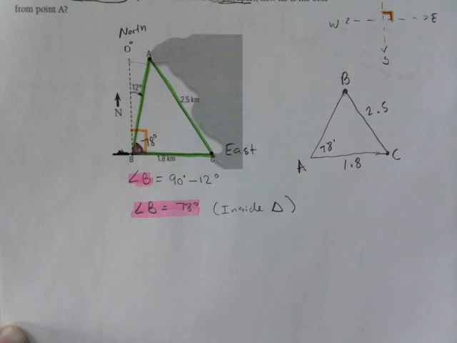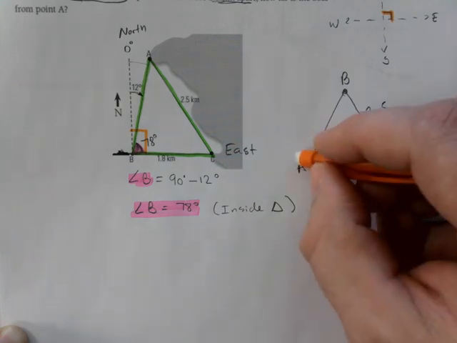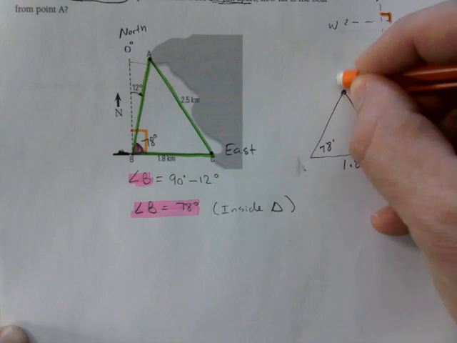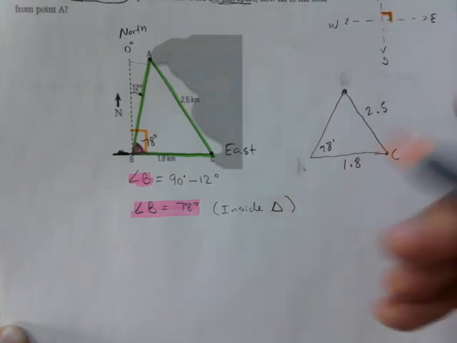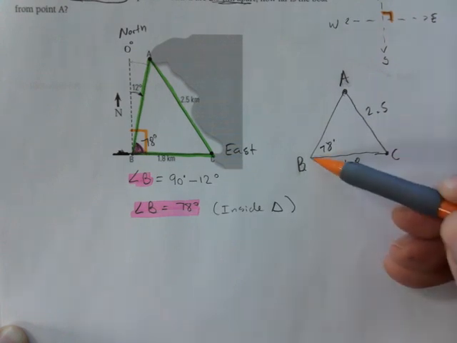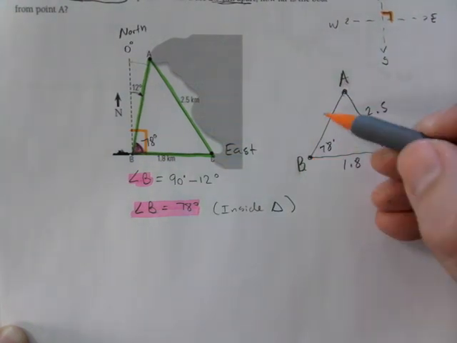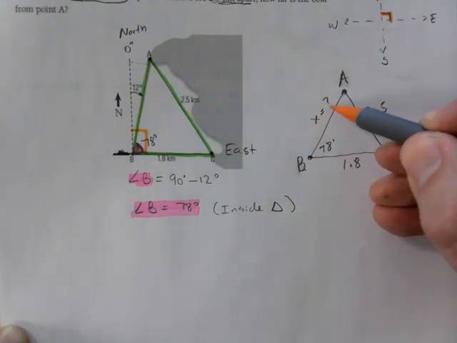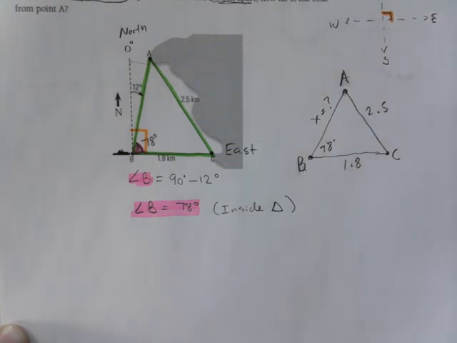What are they asking me for? How far is the boat from point A? Oh, wait, I got this wrong. This is B, this is A, sorry. How far is the boat from point A? They're asking me for this side right here. That's the question mark.